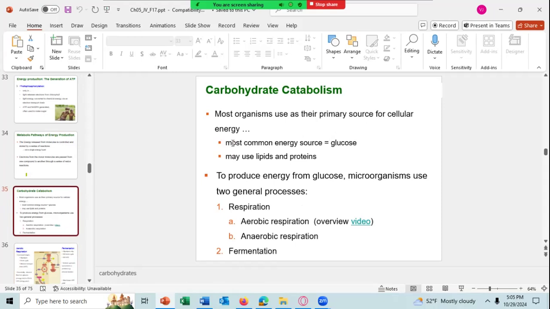So in carbohydrate catabolism, most organisms can use glucose to obtain their cellular energy, and most organisms can engage in carbohydrate catabolism to make ATP. The most common energy source is glucose, but organisms can use other molecules, such as complex carbohydrates and lipids and proteins. Even humans can digest lipids and proteins, as well as obviously complex carbohydrates.